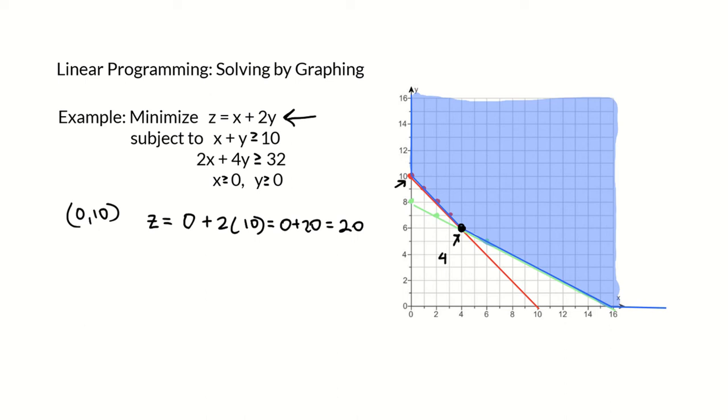The next corner point of this region is the intersection of the two first inequalities, which occurs at 4, 6. Plugging that in gives z equals 4 plus 2 times 6, which is 4 plus 12, which is 16. The last corner point of this region is at 16, 0.